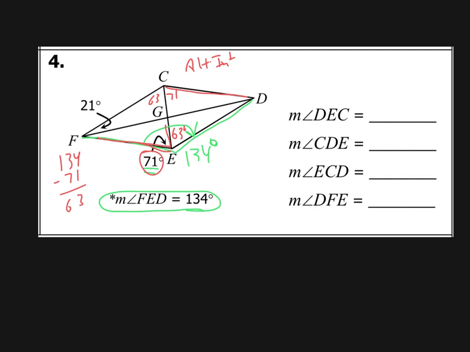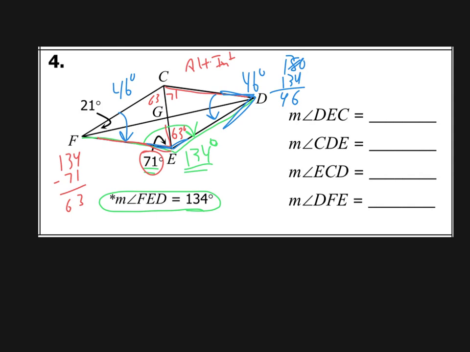Now if this big angle, again, was 134, then the big angle down here is going to be supplementary with this one. So 180 minus 134 is going to give us 46 degrees. So this whole angle is 46 degrees. And this whole angle is 46 degrees.